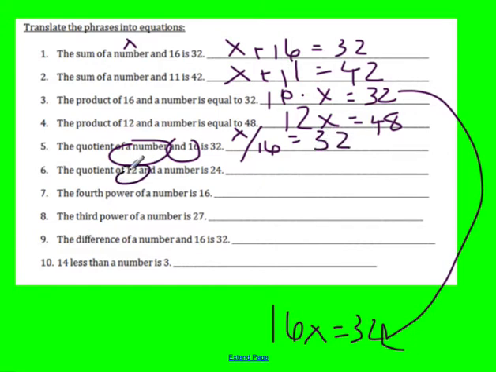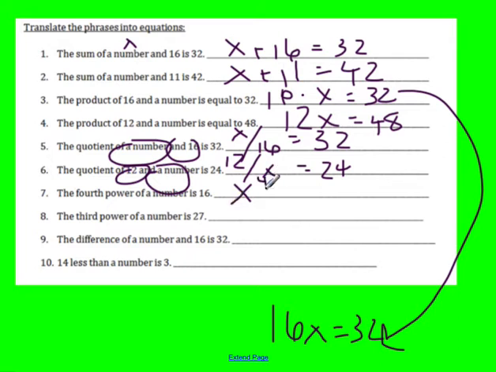The quotient of 12 and a number is 24. That means 12 goes on top, and on the bottom is the number I don't know, and that's equal to 24. Number 7, the fourth power of a number is 16. The number we don't know is x, and the fourth power means we multiply x by itself 4 times.